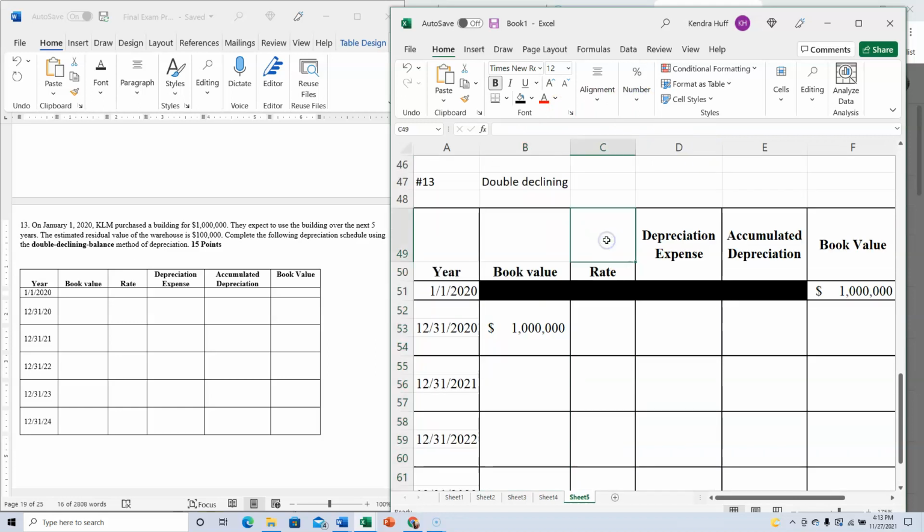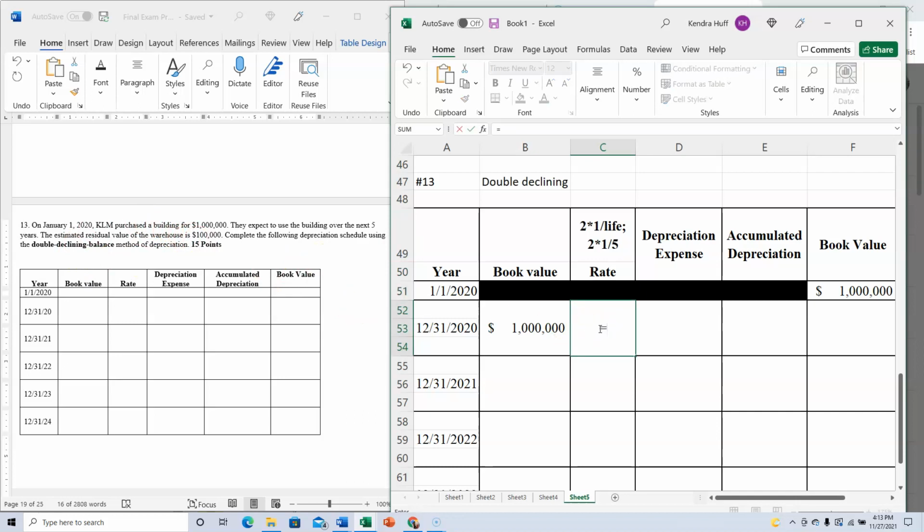Alright, then the rate is 2 times 1 over the life. So in our case, it's going to be 2 times 1 divided by 5, because it has a 5-year life.